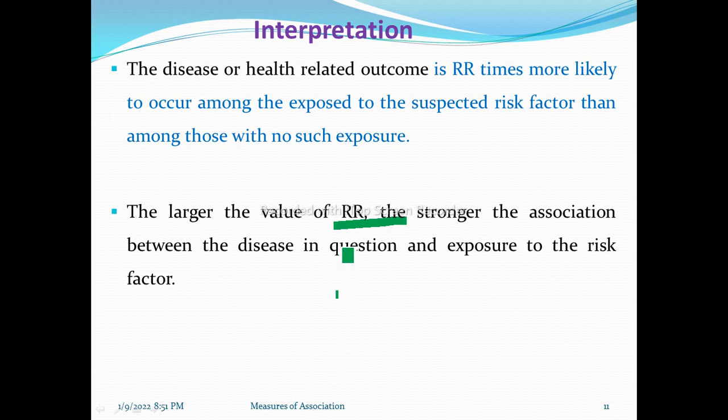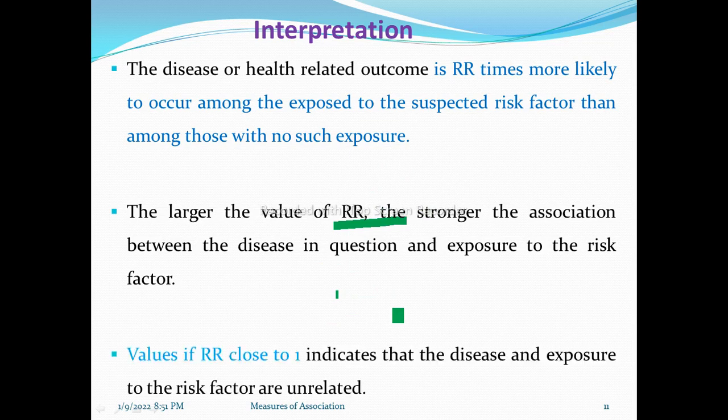That means the relative risk we have got is 1.61. So 1.61 is not that strong. To be strong, it should be at least more than 3. So this is a moderate type of association between coronary heart disease and cigarettes. And if the relative risk is close to 1, it indicates that the disease and exposure to the risk factor are unrelated.